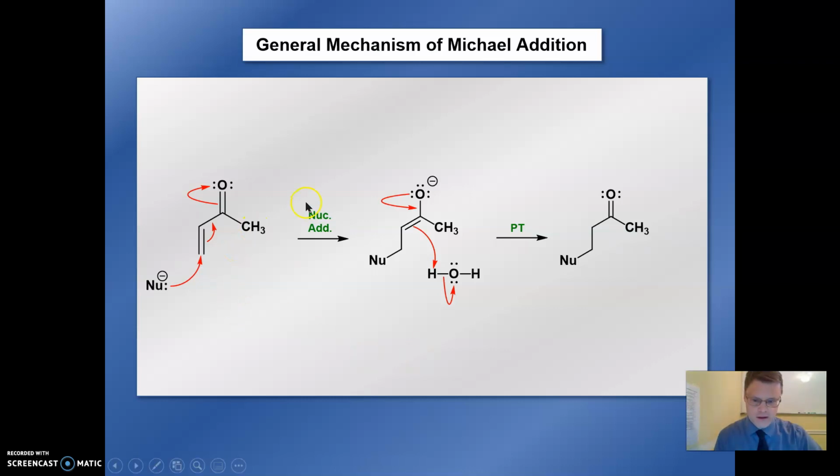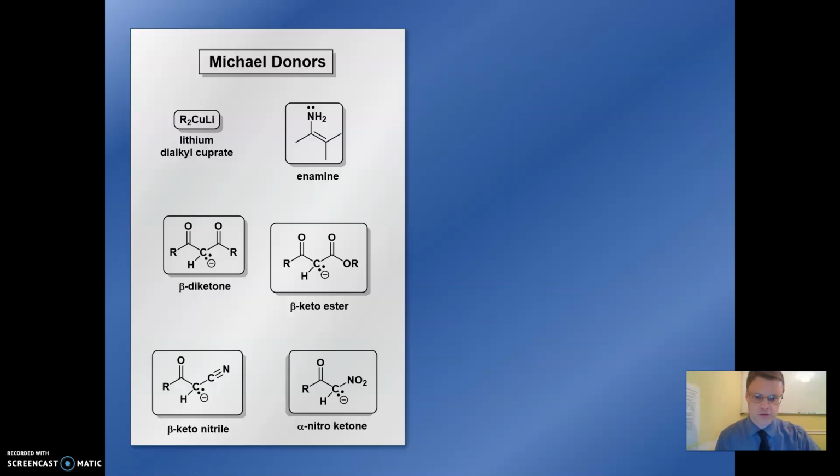All right. Now, what this alpha-beta unsaturated carbonyl can be, and also the identity of the nucleophile, can vary a fair amount. And so I want to show you some different nucleophiles, and these nucleophiles would be called the Michael donors. We can have a variety of nucleophiles.